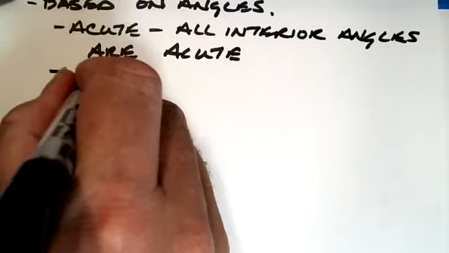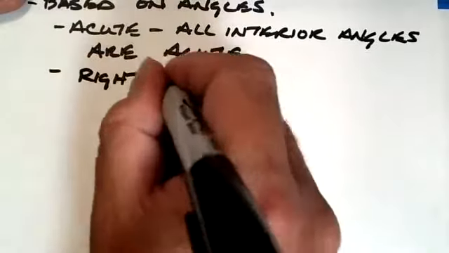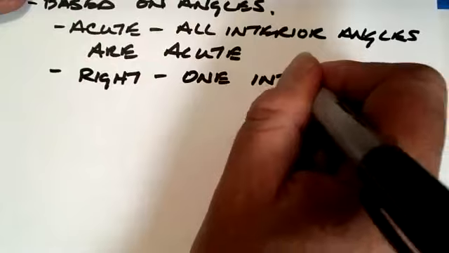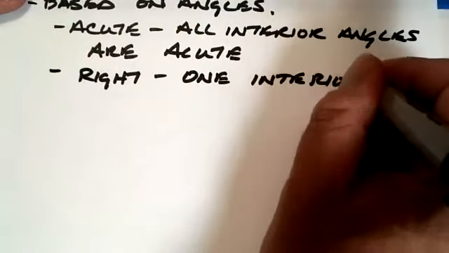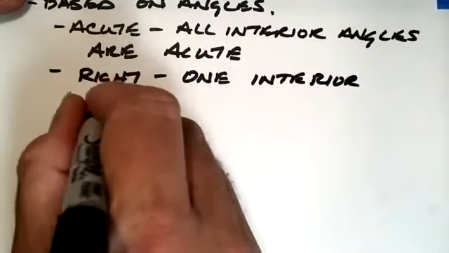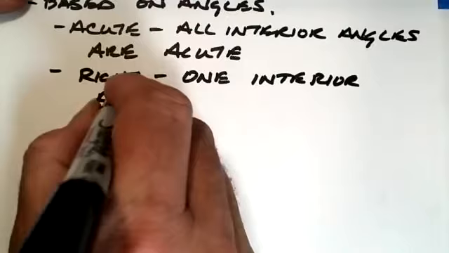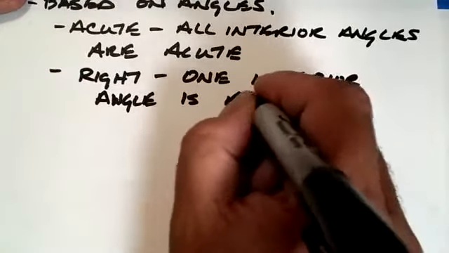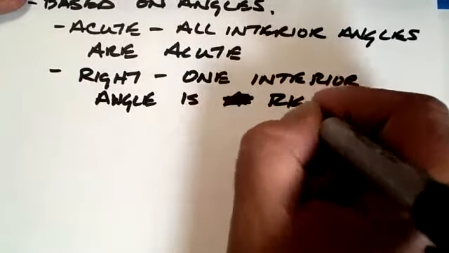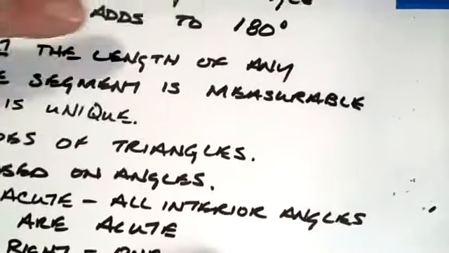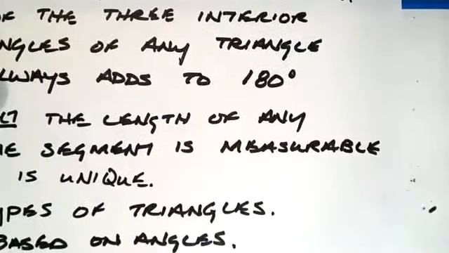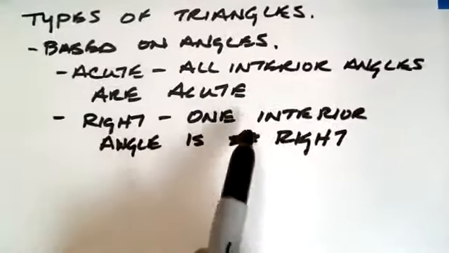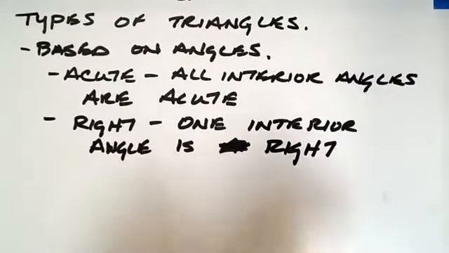We can have right triangles, where one interior angle is right. Now, because everything adds up to 180 degrees and no angle measures 0, it is guaranteed that there is one and only one interior angle that can be right.